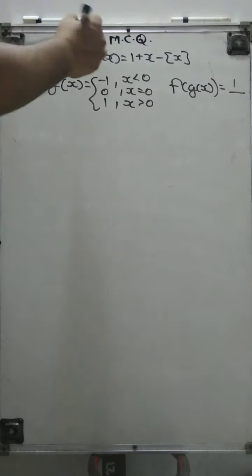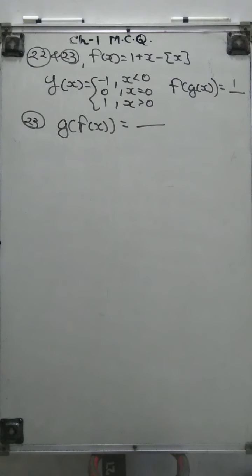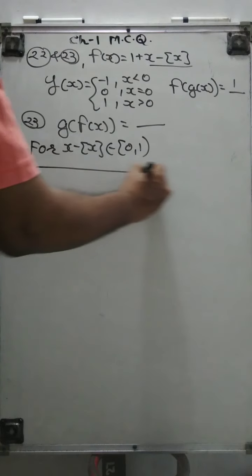Okay. Now for 23, it is given that we want to find g(f(x)). How can we find it? So here one thing you remember: x - [x] always belongs to 0 to 1. It is not always 1, but it is 0 for the given term.